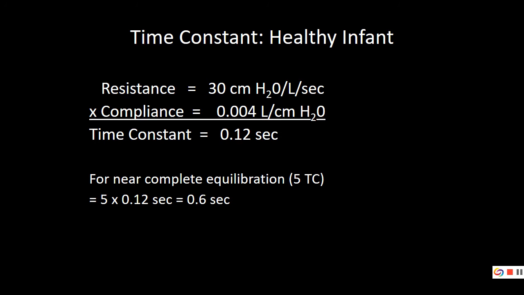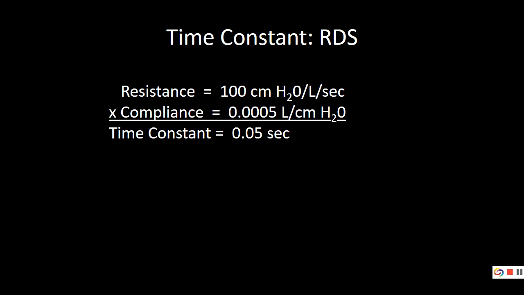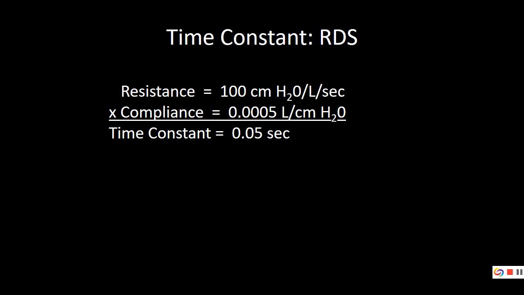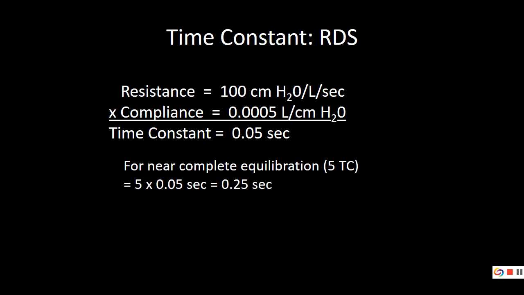So 5 time constants in a healthy infant. Well, what if you have a baby with RDS? Its time constant, when you do the math, is actually much lower. Again, we said for complete equilibration or inflation or deflation of the lung, it actually takes 5 time constants, so 5 times 0.05, 0.25 seconds.